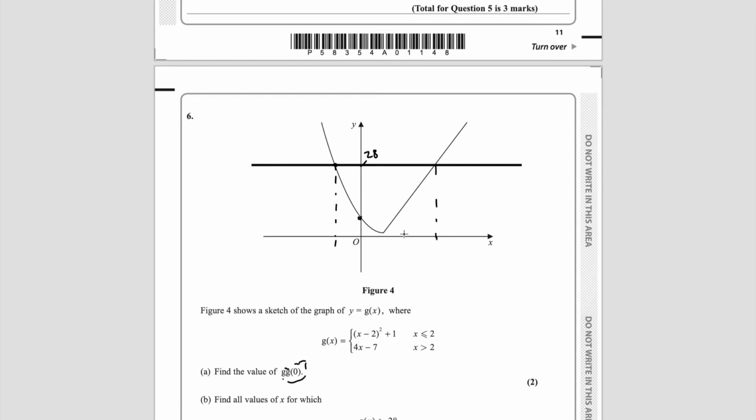So many values of x correspond to one value of y. We can see that here with y equaling 28. We have a value of x here and we have a value of x here, which both correspond to a y value of 28. So the whole function is a many-to-one, but h alone is a one-to-one.